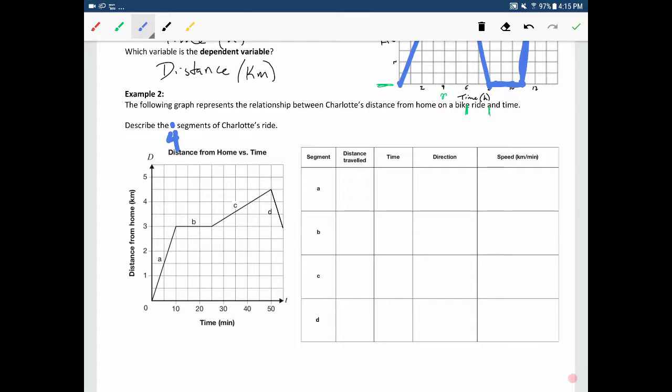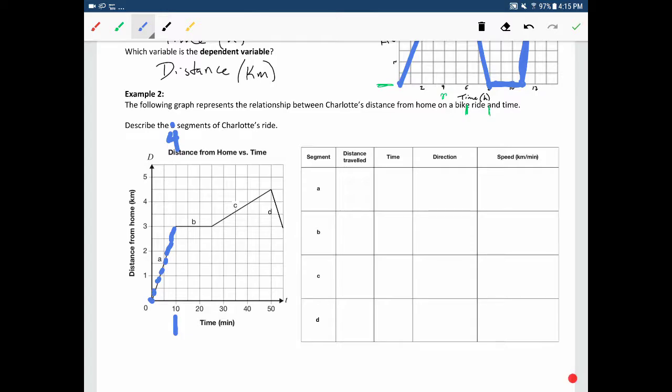So the first thing that happens, if you look here, Charlotte is at 0 distance. So she's starting at home. She starts at home and she moves at a constant pace here. She's getting further and further away. And so after 10 minutes, that part ends.